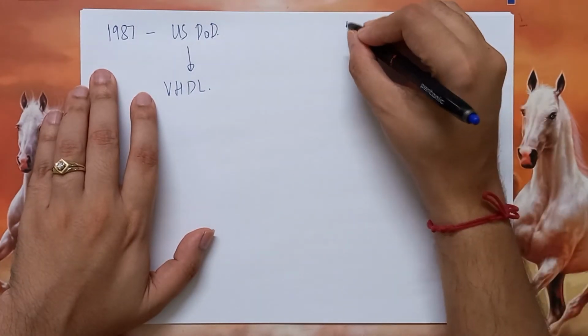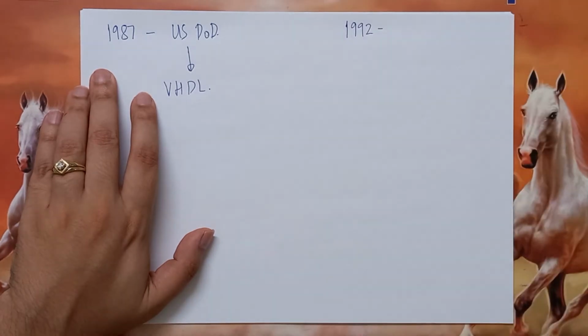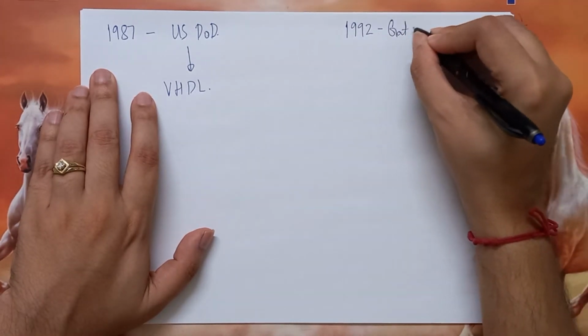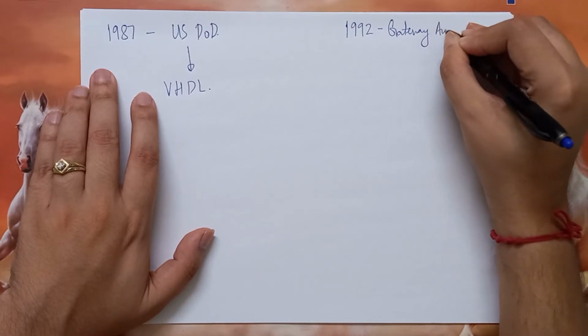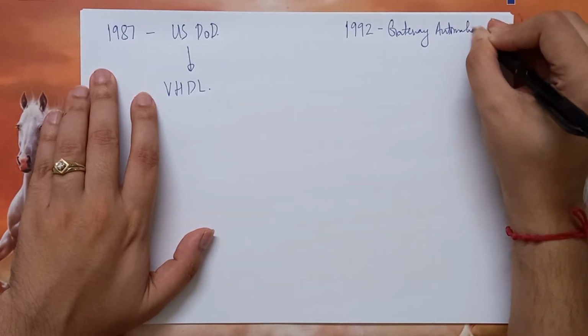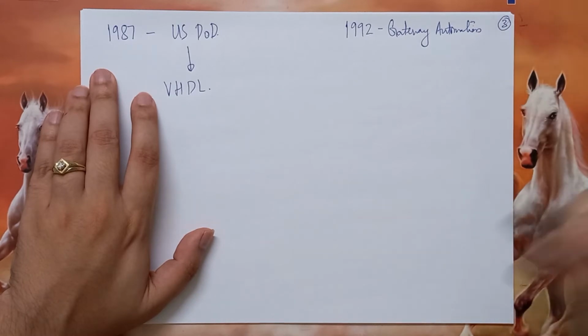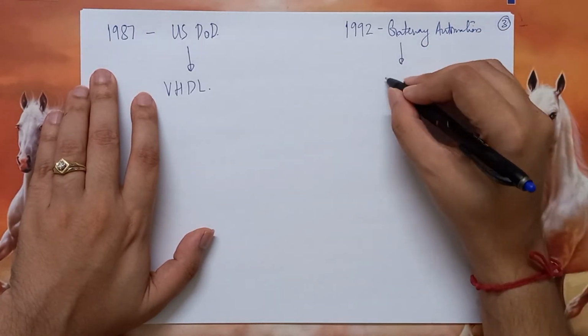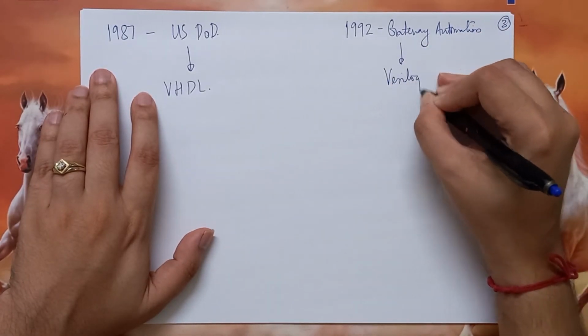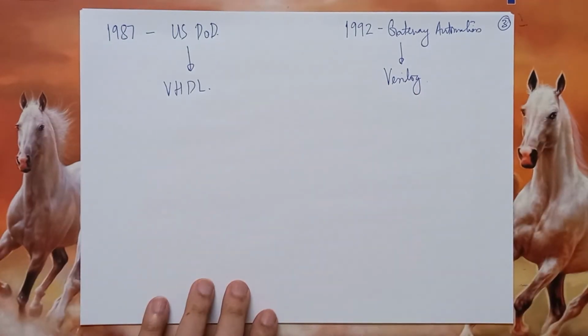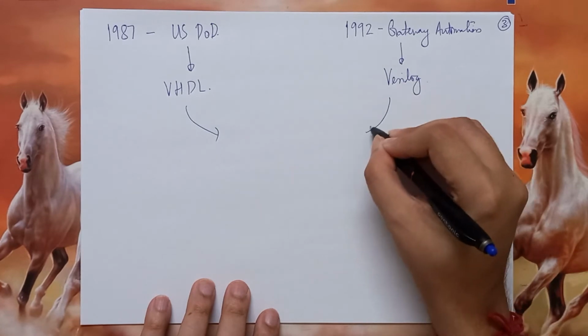And in 1992, a company called Gateway Automation developed a language called Verilog. These two languages look like programming languages, but they are not programming languages. So therefore, let me mark them.